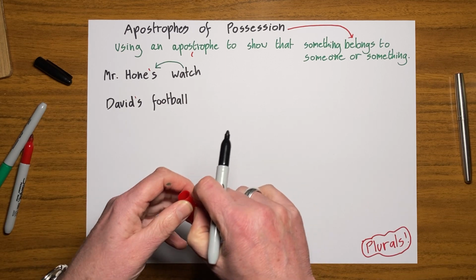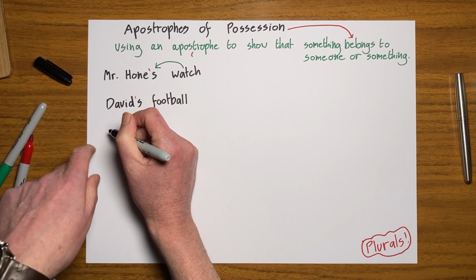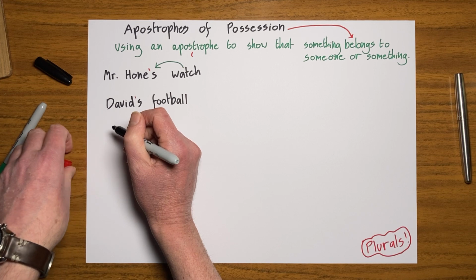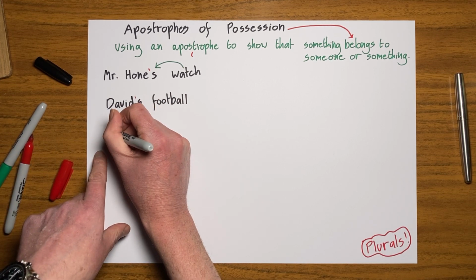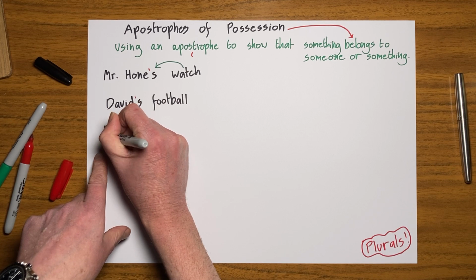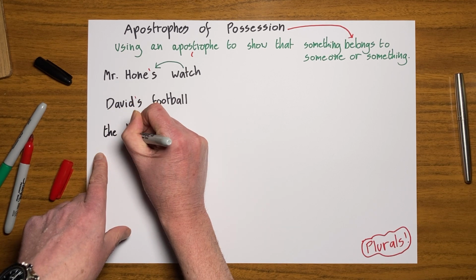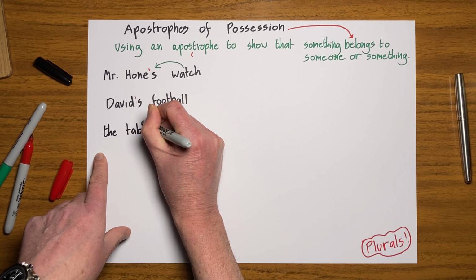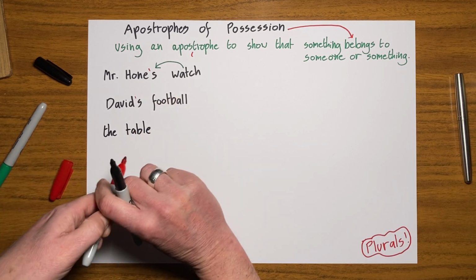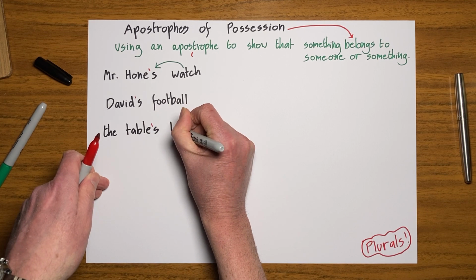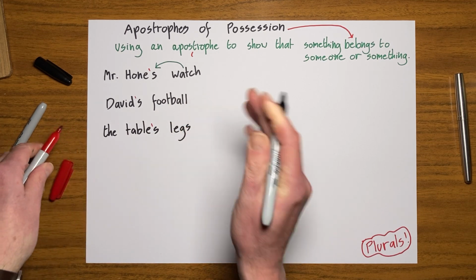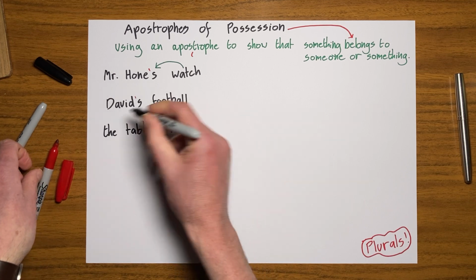So for example, let's have a think. I could do the table's legs. It's not a great example, but it will do. So let's do the table's, apostrophe S, legs, because the legs of the table, they belong to the table.